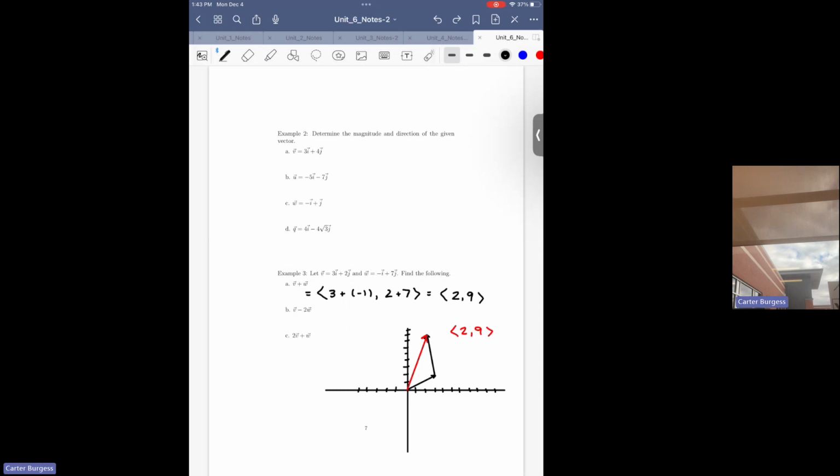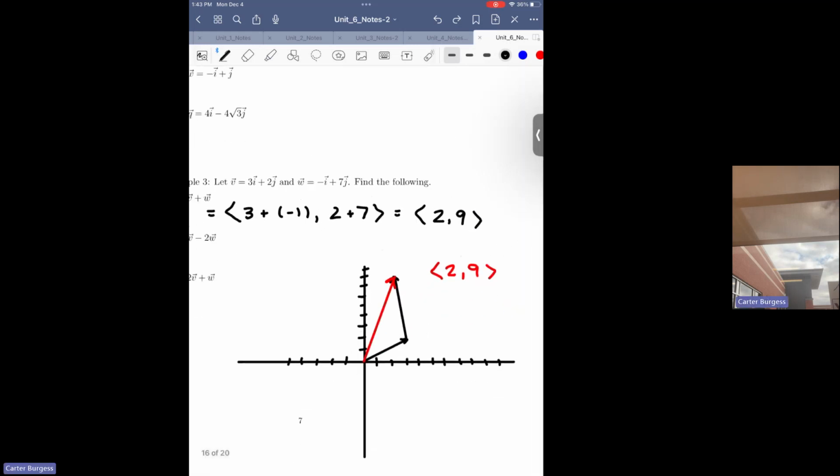Yeah, you can multiply both, if that's how you want to think about it. Yeah, that's not a bad way to think about it, of distributing the 2 in.